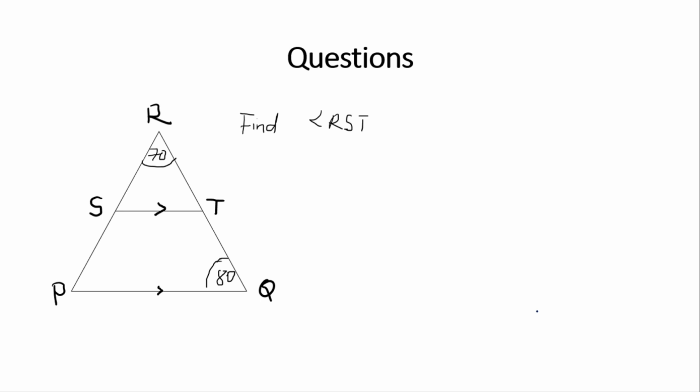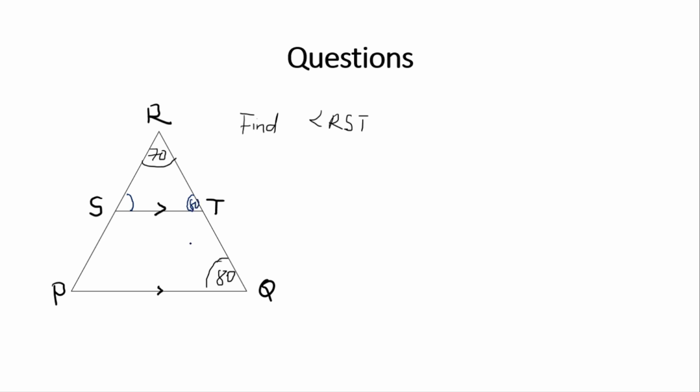The second question is that we are to find the angle RST. Angle RST, so it means this portion. We learned from the properties of parallel angles that when you have a triangle formed like this, then this angle here is the same as this angle here. And then this angle here is the same as this angle here. So this angle formed here is the same as this angle here.